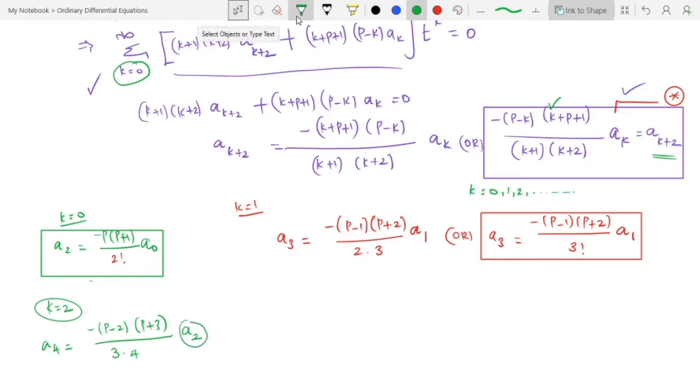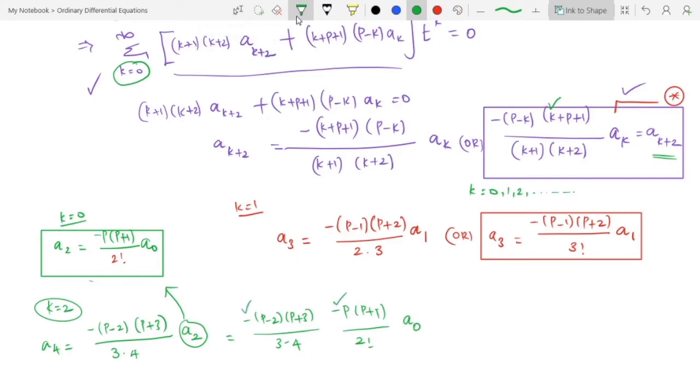Here replace a2 by the previous value derived, that is -(p-2)(p+3) by 3 into 4, a2 replaced by -p(p+1) divided by 2 factorial into a0.